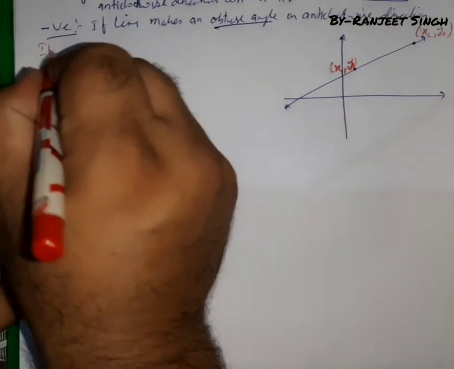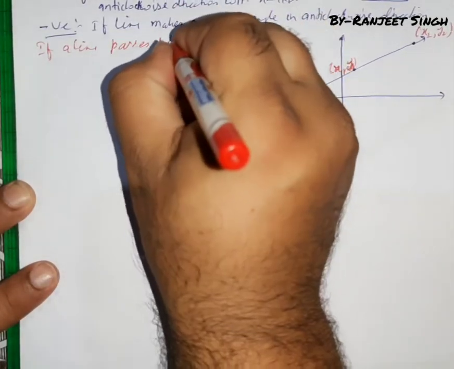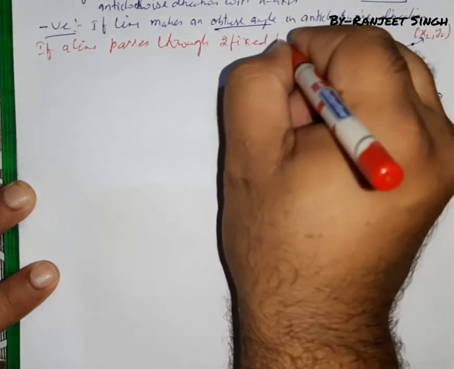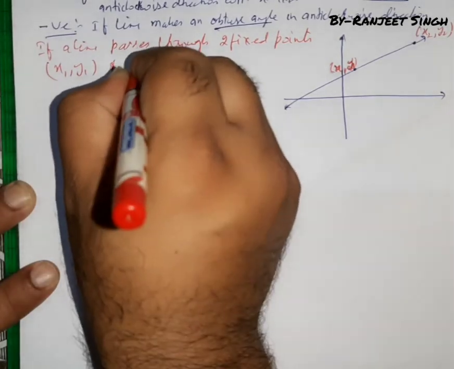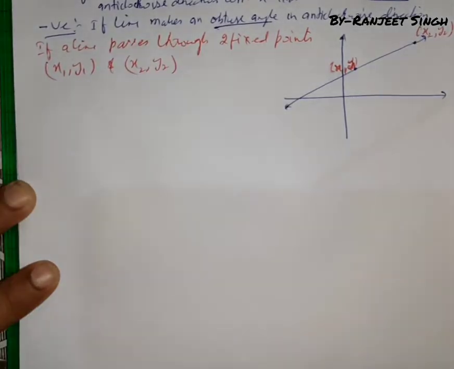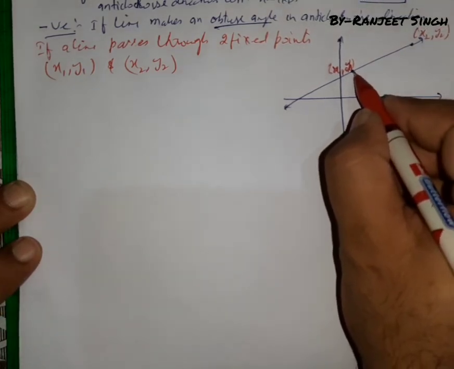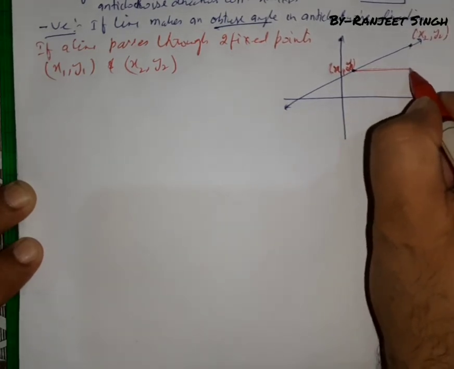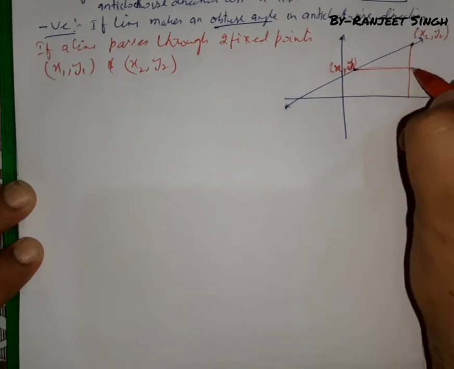Now I'm saying that line is passing through 2 fixed points. So if a line passes through 2 fixed points x1 y1 and x2 y2, then what will be the slope? So we have already discussed this. Slope is the tan theta, so it is equal to tan theta. So now if I'm drawing two lines, one is parallel to x-axis and one is parallel to y-axis, and I'm looking at this triangle.